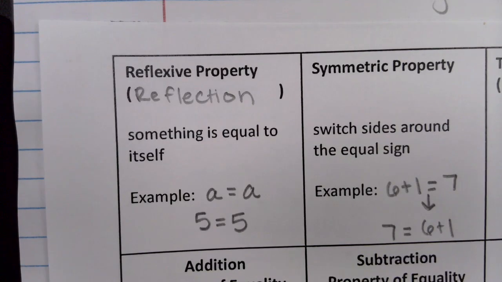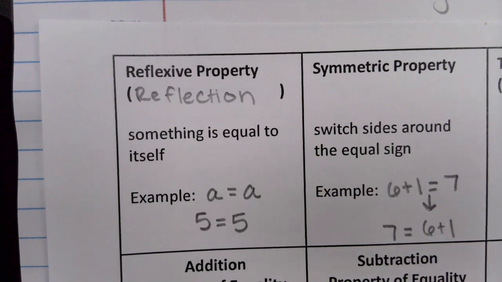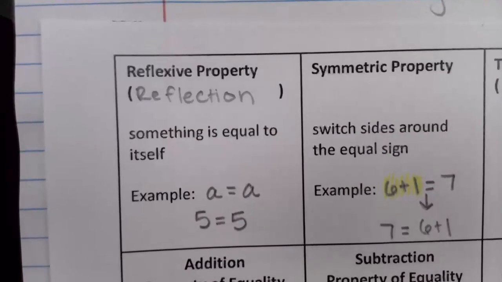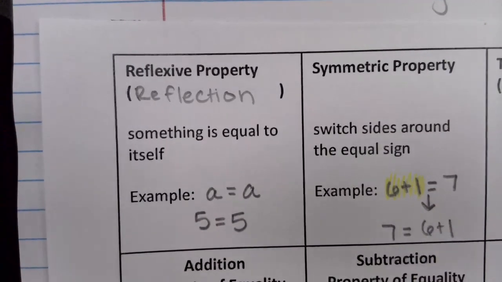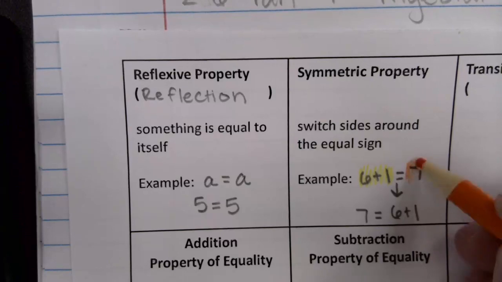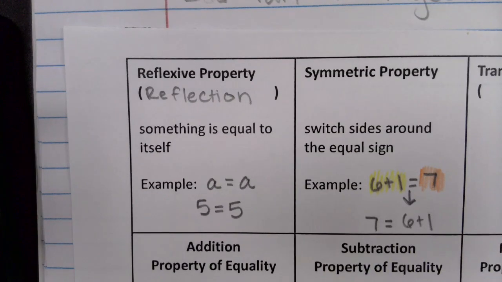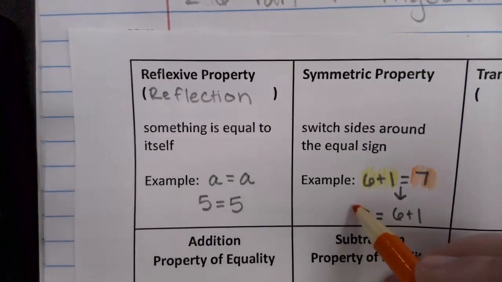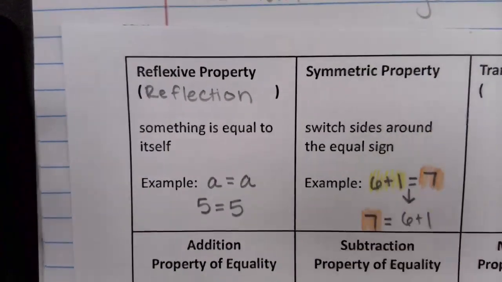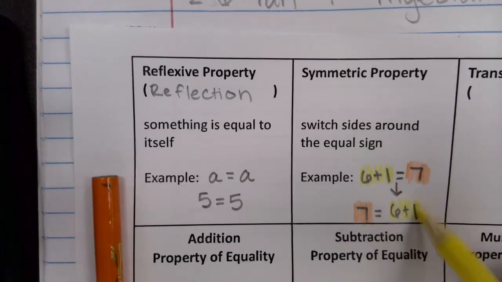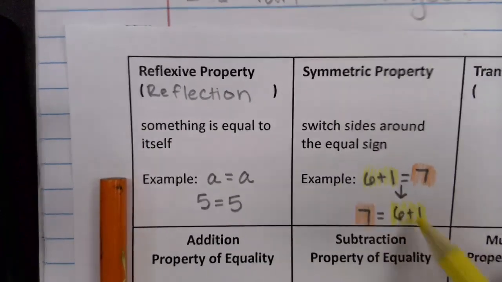So if you want to color code that, you can. Grab some colored pencils or highlighters. So here I start with 6 plus 1 on the left side equals 7. And then we switch that around. Now we have 7 on the left equals 6 plus 1 on the right. All right?